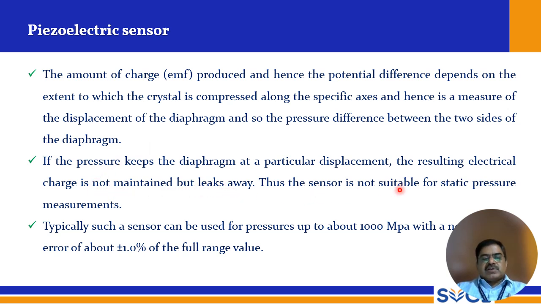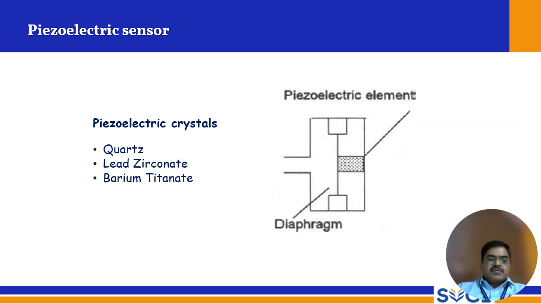Thus, the sensor is not suitable for static pressure measurements, and that is the drawback with this type of sensor. Piezoelectric materials include quartz, lead zirconate, and barium titanate, and here this is the crystal. Here you have the diaphragm, and there you can retrofit this crystal, and you can get the potential difference as the result of pressure.